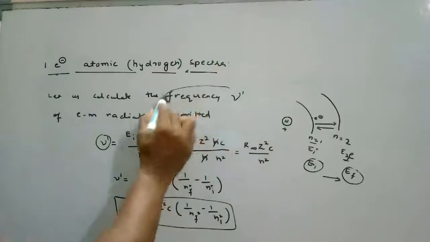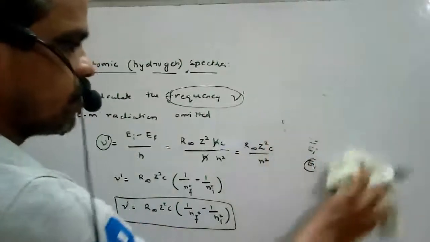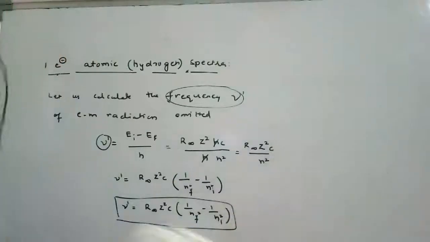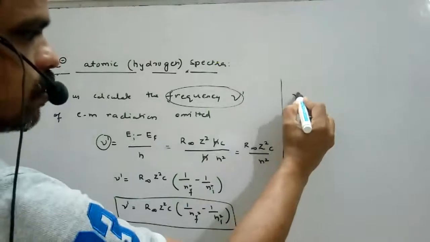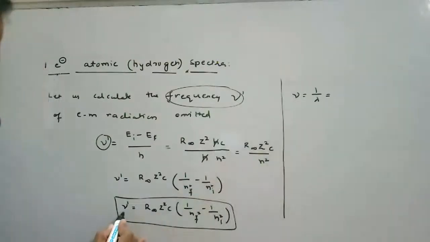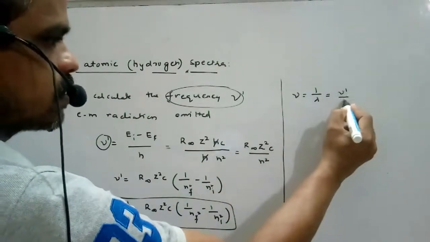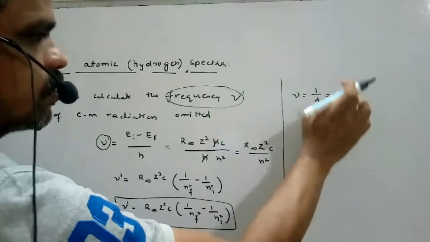We calculated the frequency here, but I also want to calculate the wave number for this electron when it moves from one energy level to another. The wave number is the reciprocal of wavelength, that means wave number equals 1 by lambda, which equals nu dash by c.